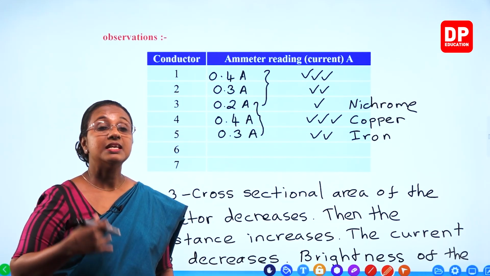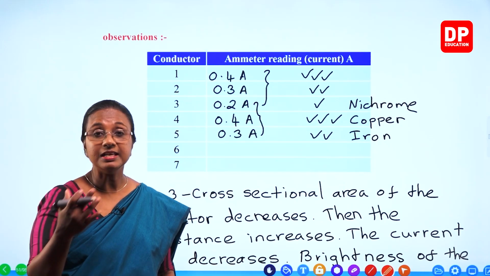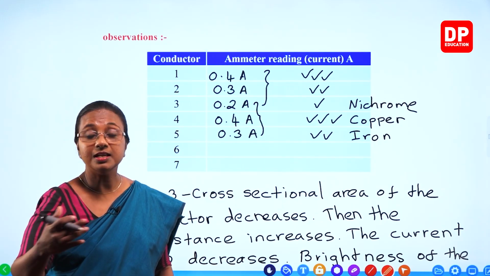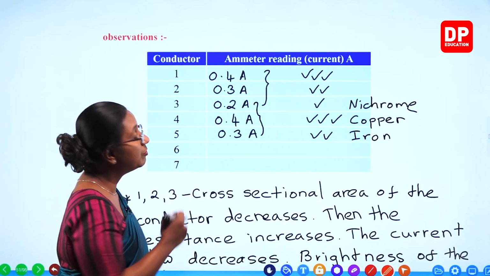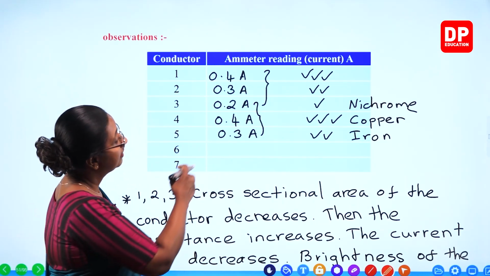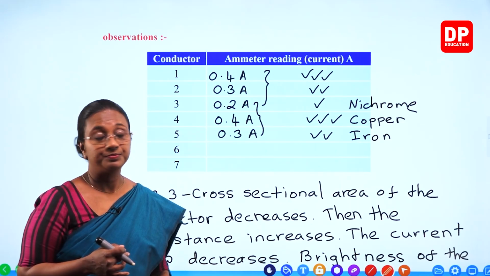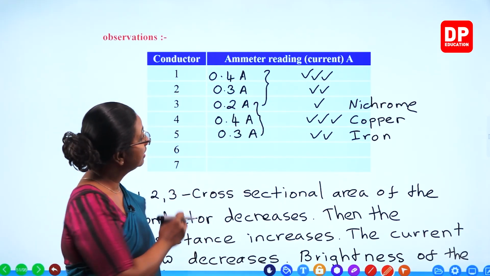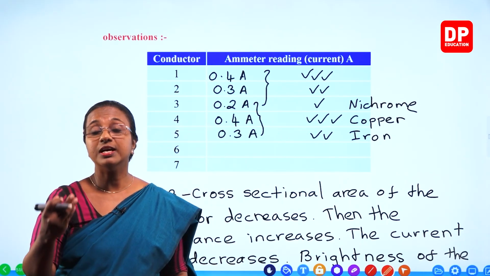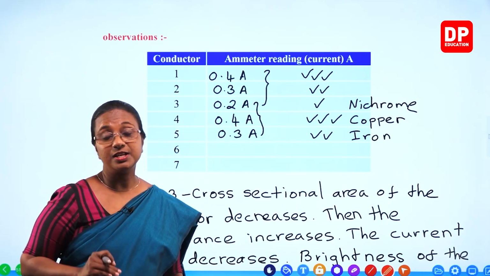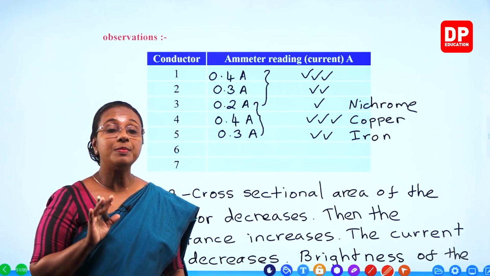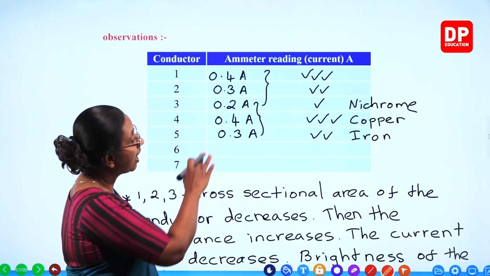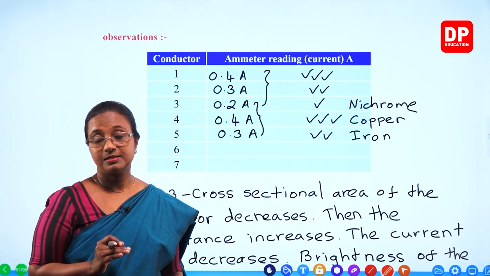So that means the resistance of iron is less than that of nichrome. So there is a little bit more current flow and more brightness to the bulb. Then if you look at copper, the amount of current flow is the highest and the brightness is also the highest. So from that you should understand that copper has the lowest resistance out of these three materials.